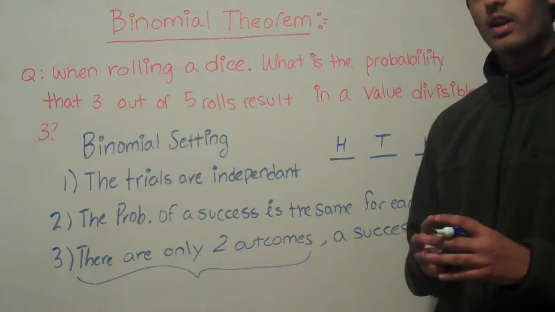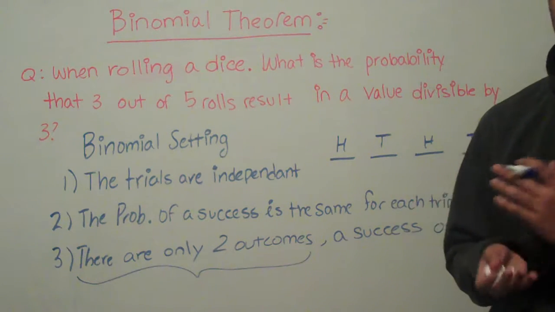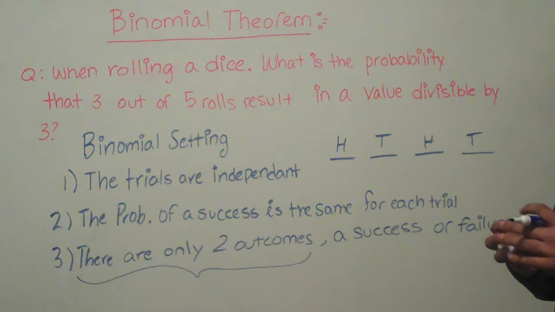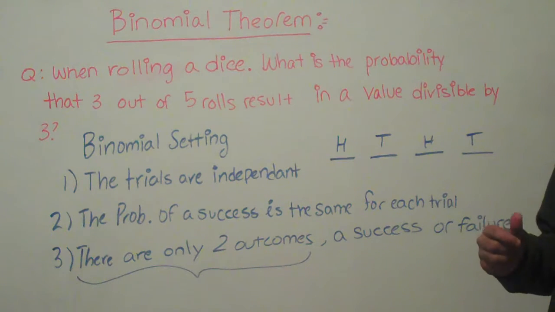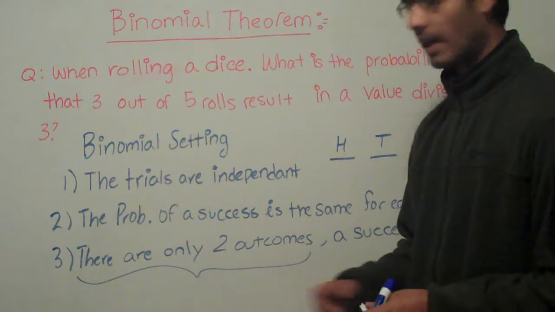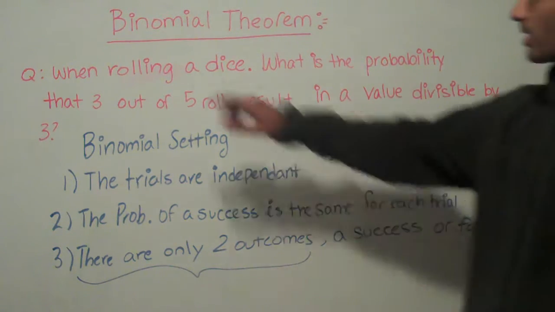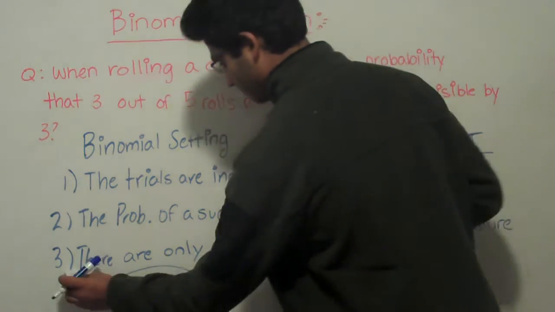So basically, whatever you're trying to find the probability of is the success, and the other value that it can take, or its complement, is the failure. So really, the key thing here is that there are only 2 outcomes. There can't be 3 or 4, otherwise it cannot be a binomial variable, and that's where we get the word binomial from.